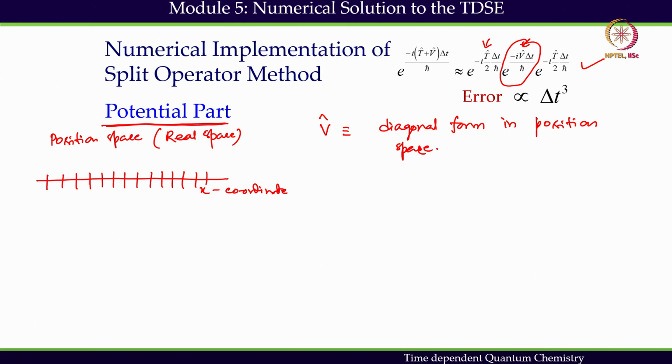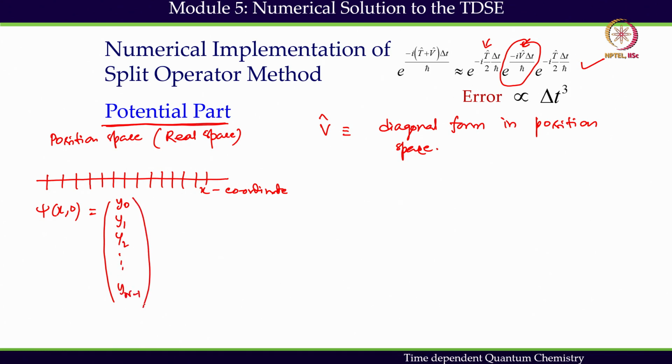In the position space grid, we know the wave function psi x0, let us say at t equals 0. I am just looking at the wave function, and that is a discretized wave function. On the grid representation we have a discretized wave function y0, y1, y2, like this, up to yn minus 1.